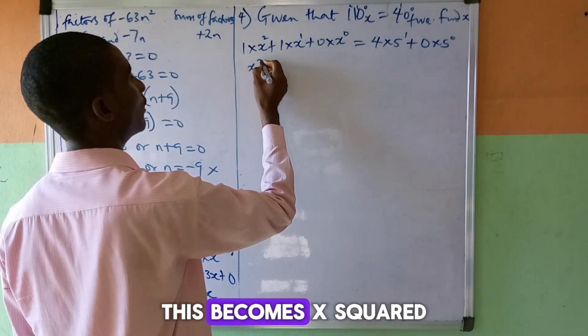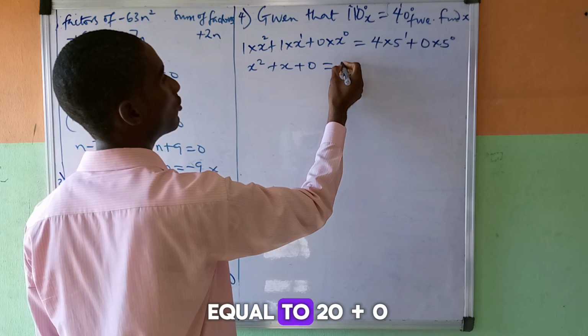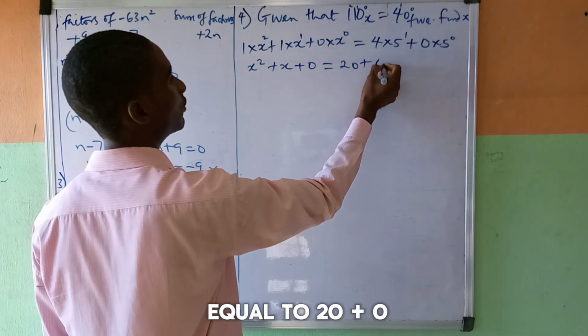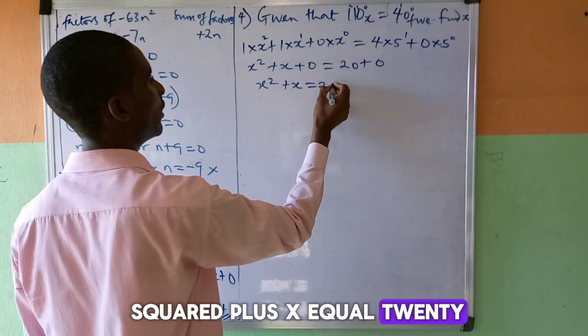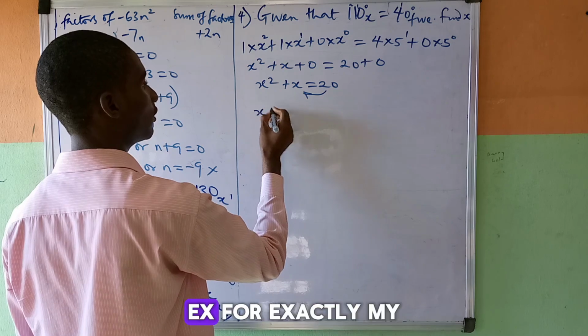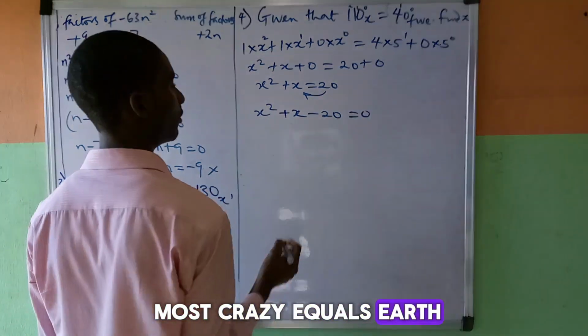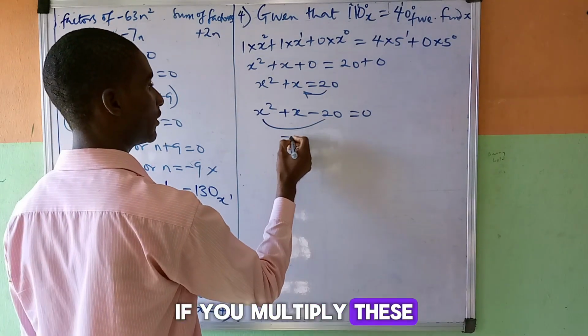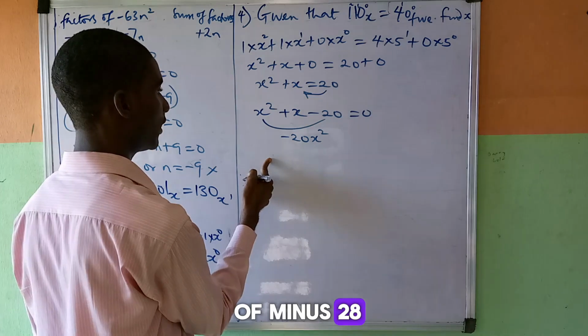So this becomes x squared plus x plus 0 equal to 20 plus 0. So you have x squared plus x equal 20. So this is going to come into form an equation, x squared plus x minus 20 equals 0. If you multiply this minus 20 x squared, so what are the factors of minus 20x?